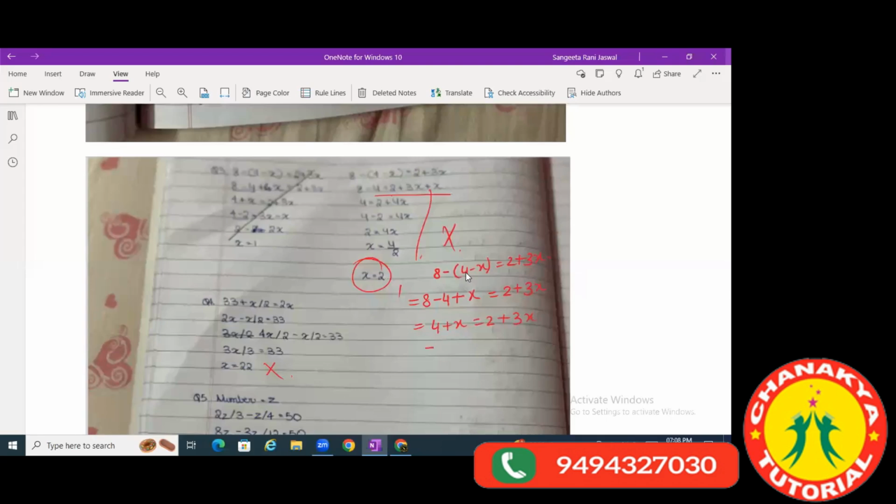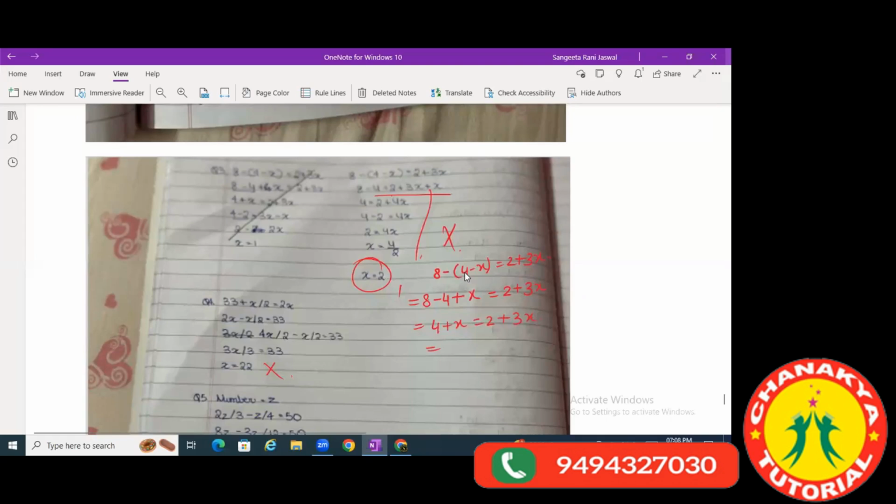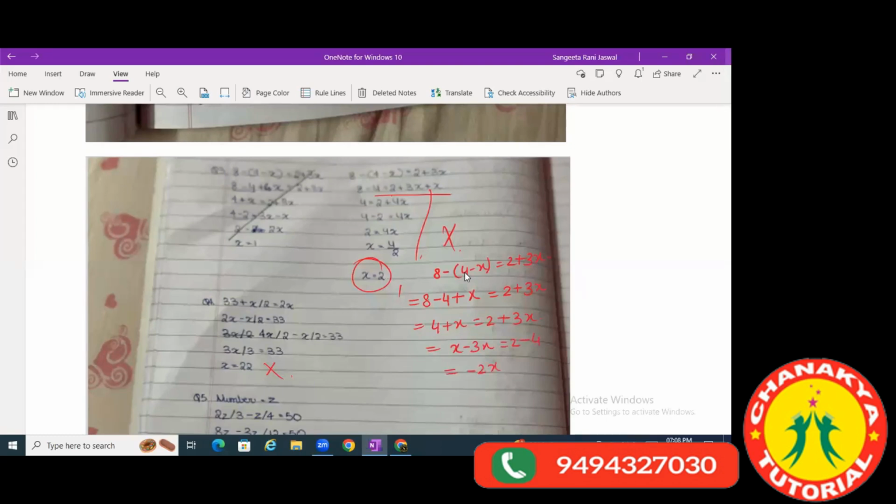Now you bring all the x terms together on one side. So x minus 3x is equal to 2, and 4 goes this side, it will become minus 4. X minus 3x will be minus 2x and 2 minus 4 will be minus 2. So your value of x will be minus 2 by minus 2.